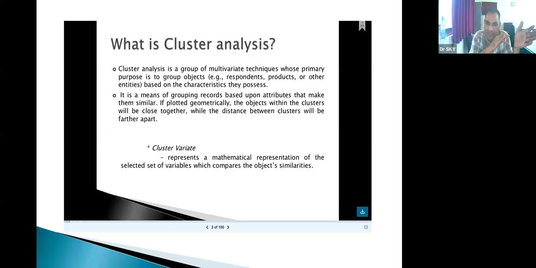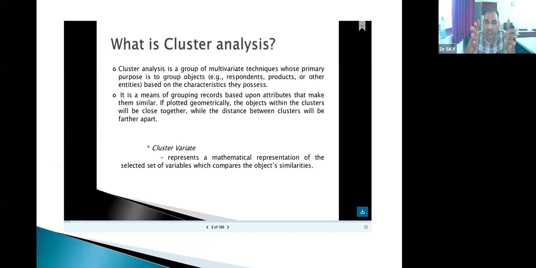If plotted geometrically, the objects within a cluster will be close together, while the distance between the clusters will be further apart. So in cluster analysis, we group similar objects on the basis of all characteristics under consideration.